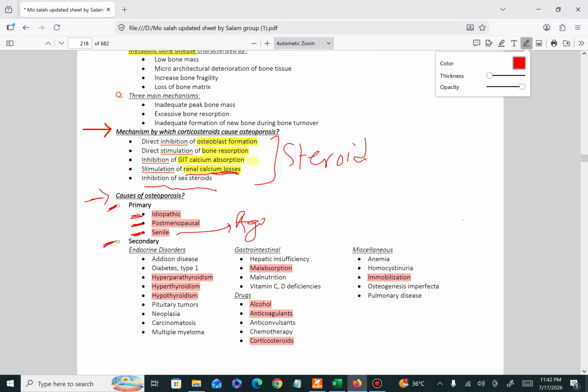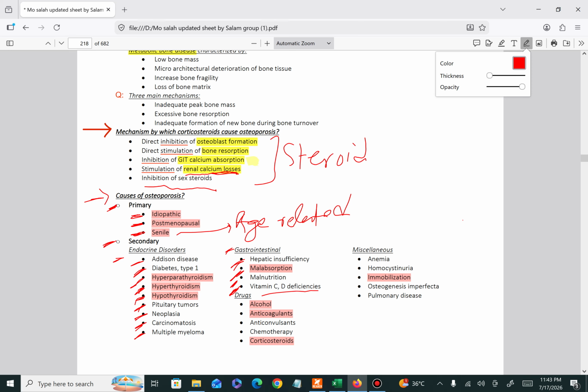Then the secondary causes include endocrine disorders like Addison disease, diabetes, hyperparathyroidism, hypothyroidism, pituitary tumors, neoplasia, carcinomatosis, multiple myeloma, gastrointestinal causes, hepatic insufficiency, malabsorption, malnutrition, vitamin C and D deficiencies.